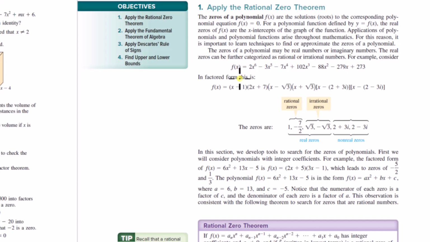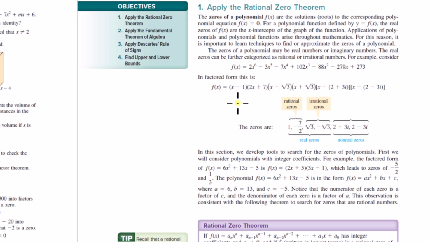And we couldn't factor this by normal means, so it was demonstrated how we could use the factor theorem and the rational zero theorem to factor it like this. Here they've factored this into 1, 2, 3, 4, 5, 6 linear factors. That makes sense based on the fundamental theorem. You could factor any polynomial into 6 linear factors.